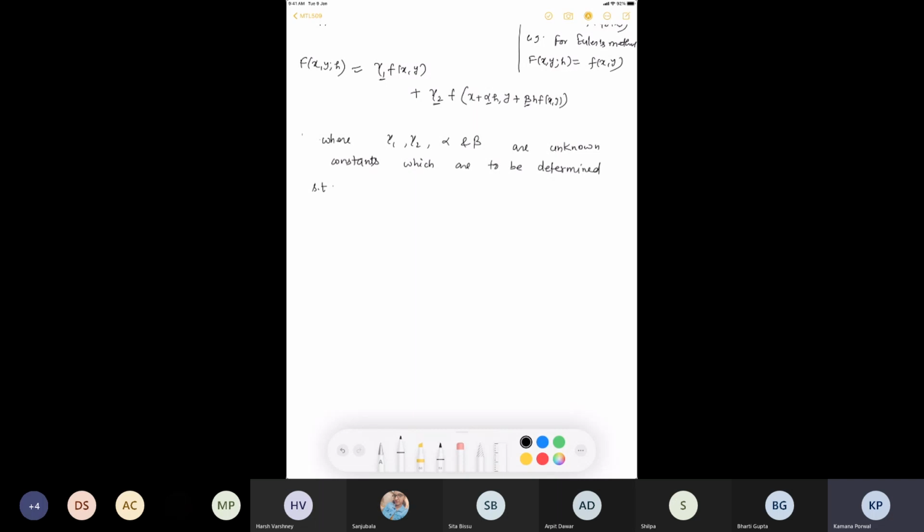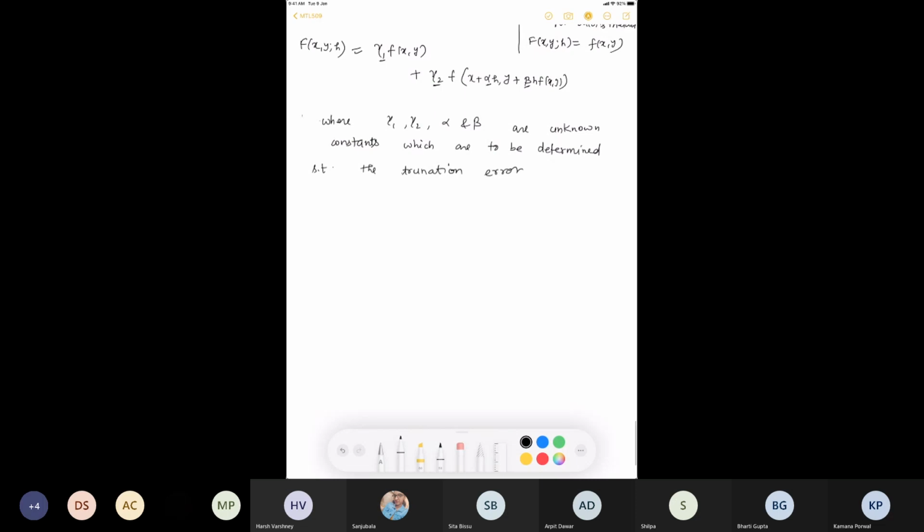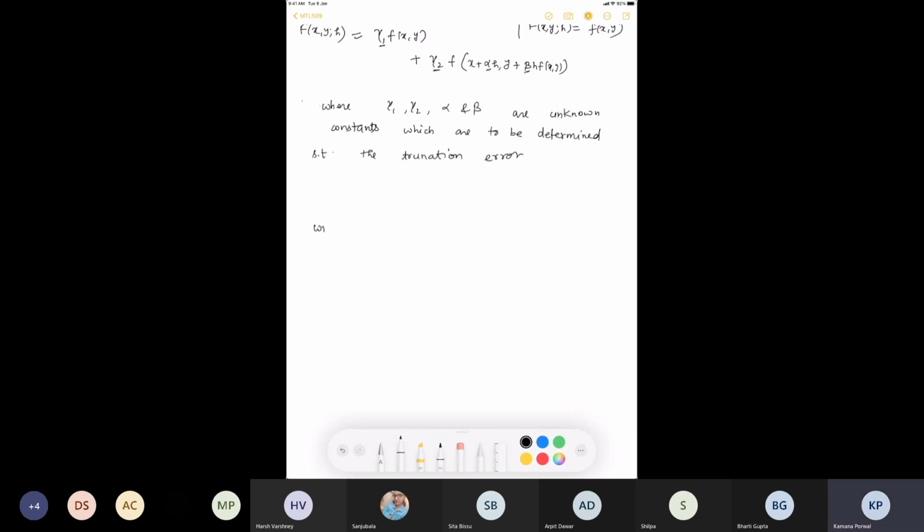So we are going to determine these constants such that the truncation error is of order h raised to power 3.